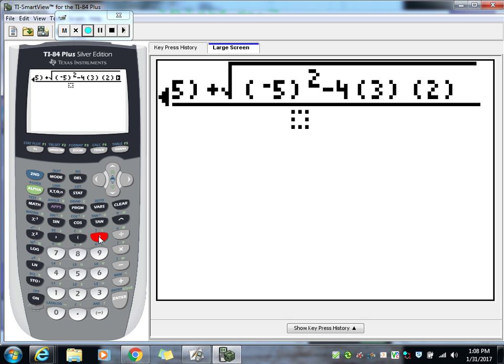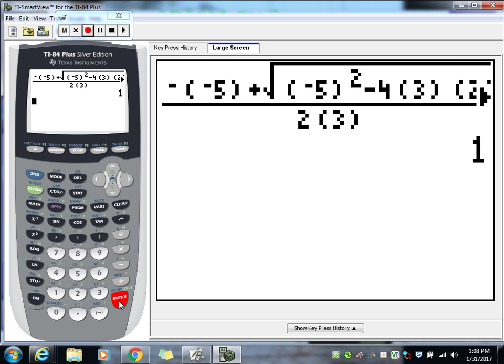So again, all the parentheses just like we have on your paper. So once you have everything typed in up there, go arrow down 1. That takes you to the bottom. And we got 2 parentheses 3 down there. So once we have that all in there, hit enter.